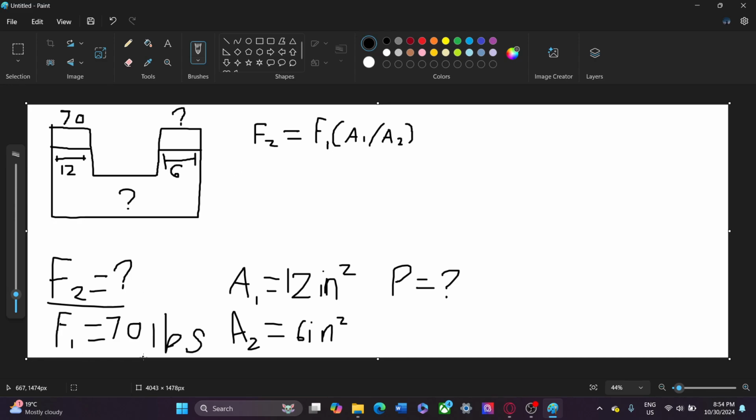So we know our F1, which is right here. We know our A1, which is right here. We know our A2, which is right here. So we put that in there. Looks like this.